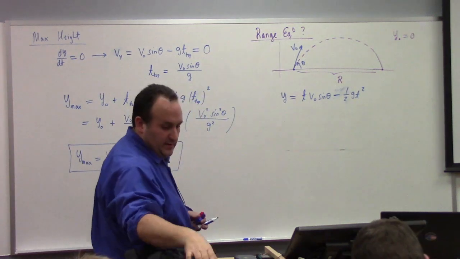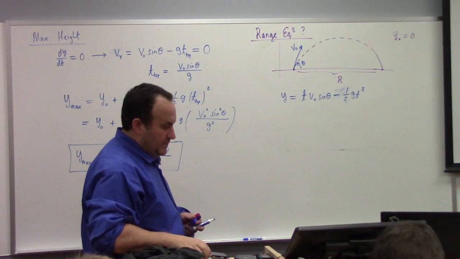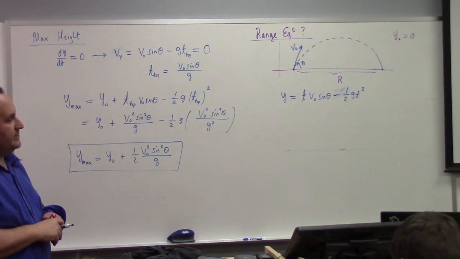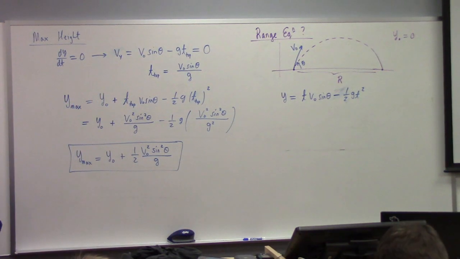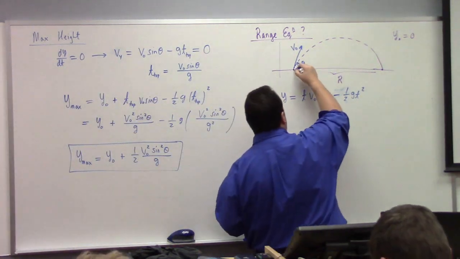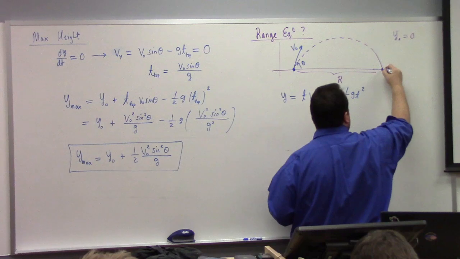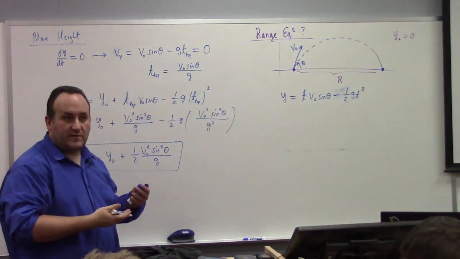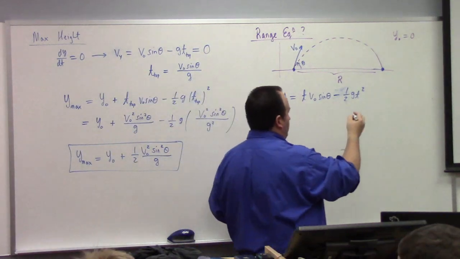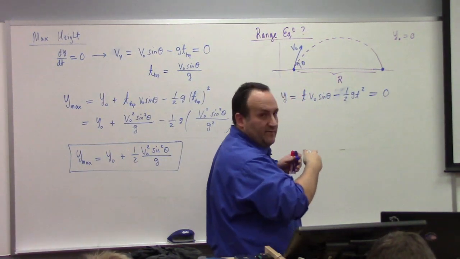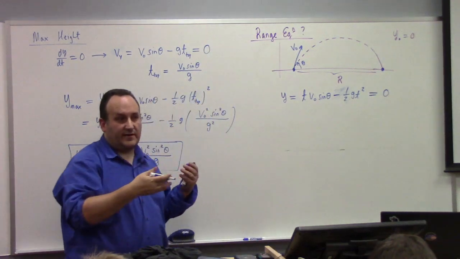So you guys tell me, what can you tell me, what's y equal to at the time we're interested? We're interested in when the projectile gets back to here, right? So what's y equal to there? 0, right? So we just need to set this equal to 0. That will give us the time of flight overall, right?